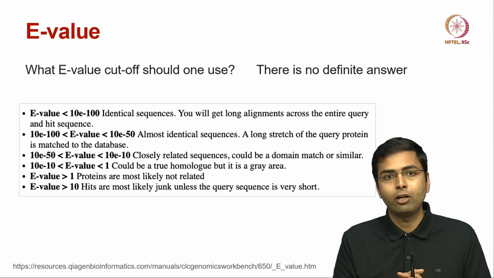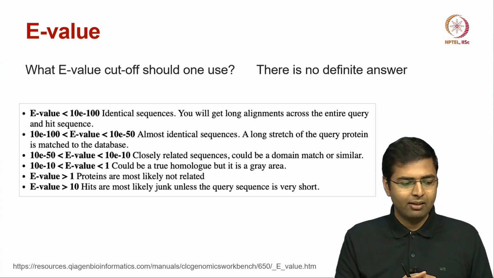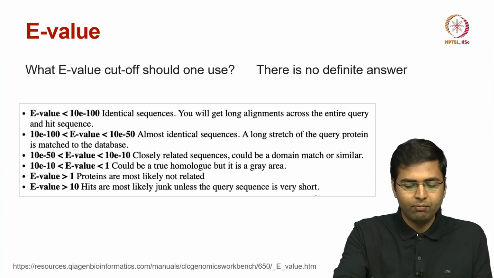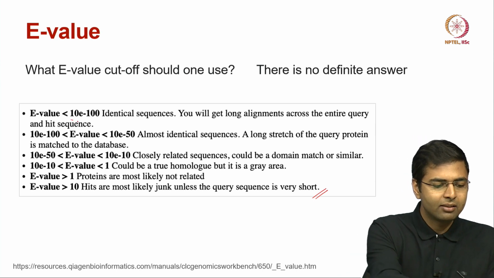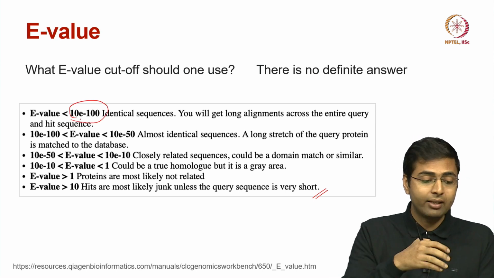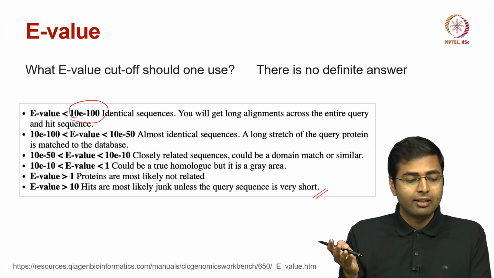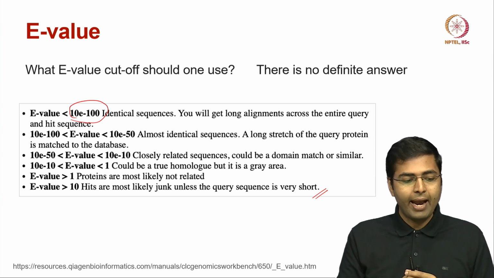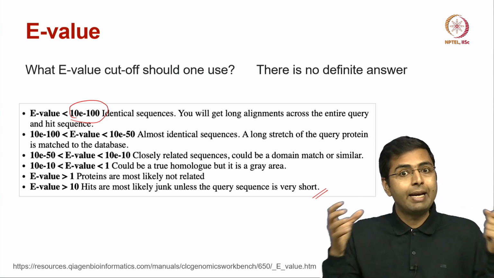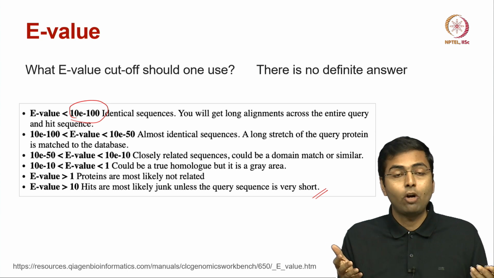Now, a general guideline that is available online is that if your E value is significantly smaller than 10 times E raised to power minus 100, then that pretty much means that the sequences are identical, and you would see long alignments across the entire query length and your target sequence.